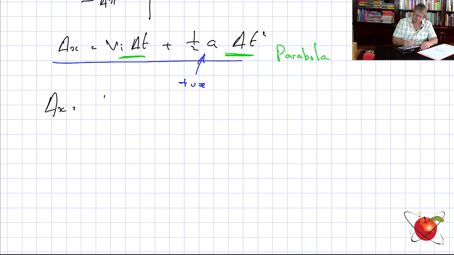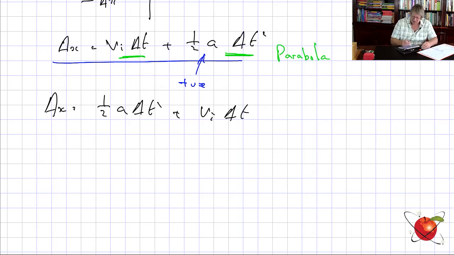Delta x is equal to a half a delta t squared plus vi delta t, all right? The coefficient of the t squared, right, is a half a. So if the coefficient here, let me go back to blue, that's what I was doing, is positive, it's a curve opening up, right, correctly up one, a smiley face, isn't it?